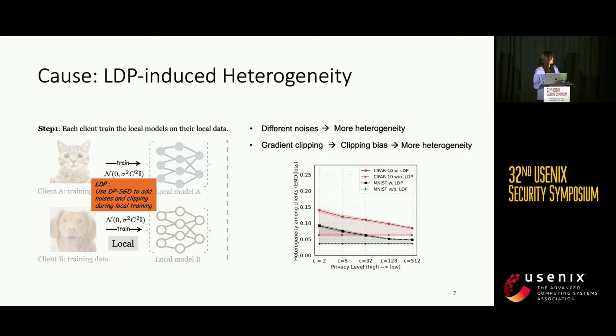Here we have experiments on CIFAR-10 and MNIST datasets. We can see that when we have a small epsilon, which is the privacy budget for differential privacy, a smaller epsilon means a higher privacy level and requires more noise, and thus the heterogeneity level is higher. Here we also have a baseline representing non-private training as a reference. We can see that LDP does increase the heterogeneity compared with non-private training.